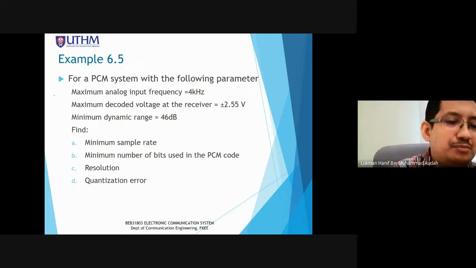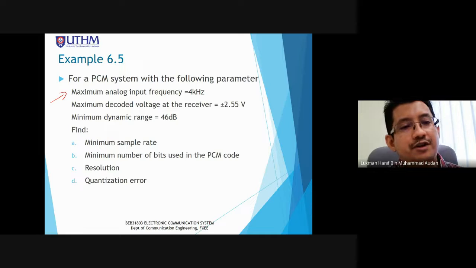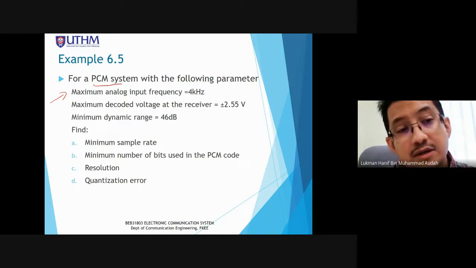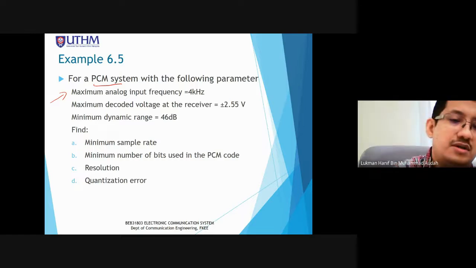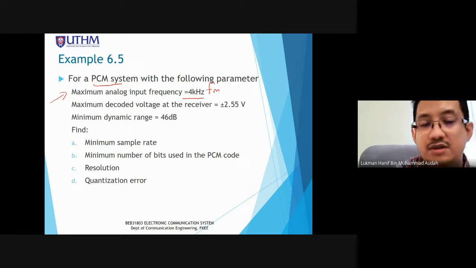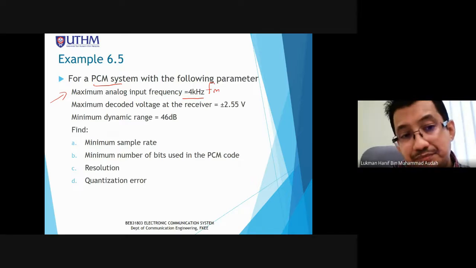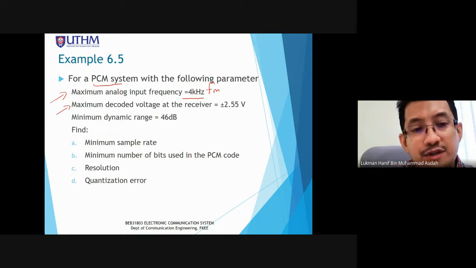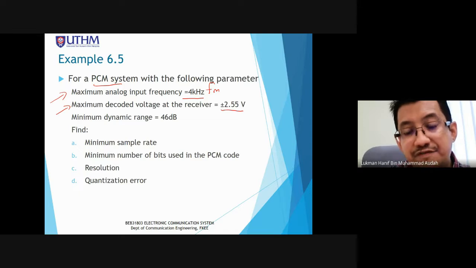Okay, so example 6.5, for a PCM system with the following parameter, you are given maximum analog input frequency. That means this is the highest value of input frequency, the highest of FM. And then you are given the maximum decoded voltage, which is plus and minus 2.55.